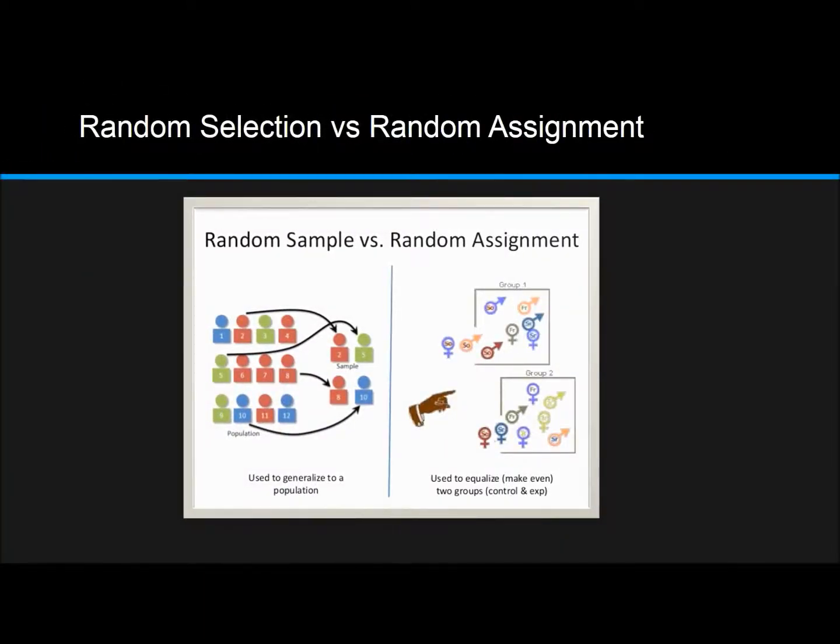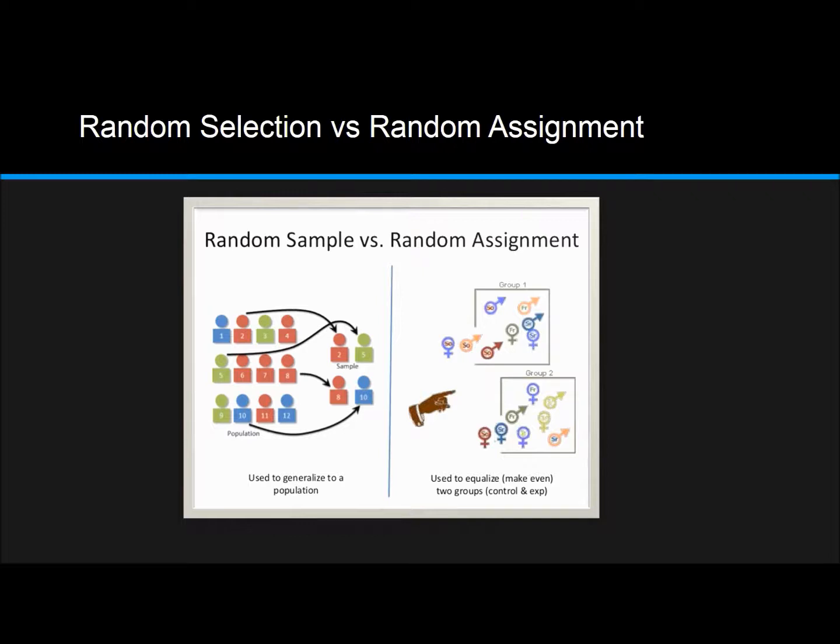Here we have a perfect example of random sample versus random assignment. On the left-hand side, you have a population, and from that population, a sample is drawn. And the sample is drawn randomly. The arrows depict how the samples were drawn in no particular order, by no particular characteristics.